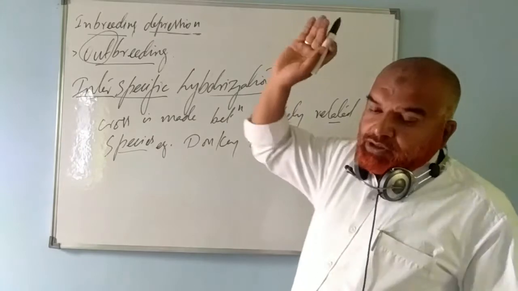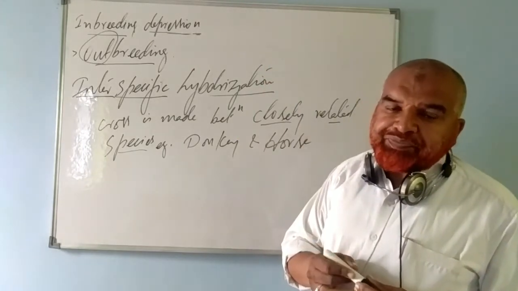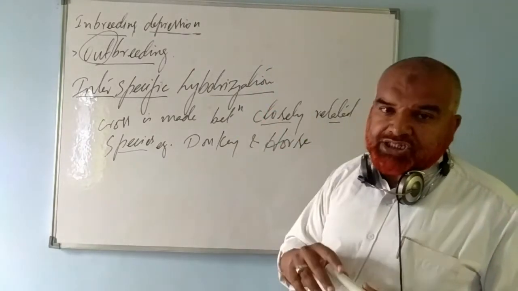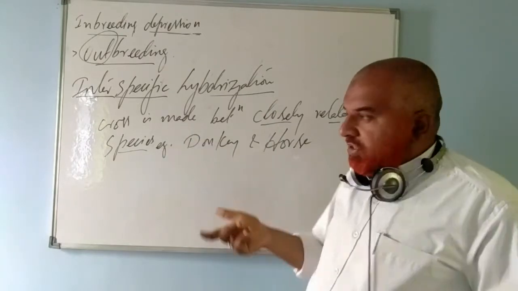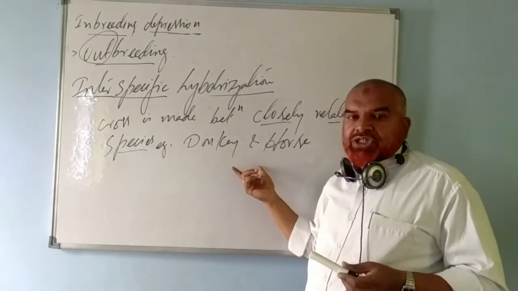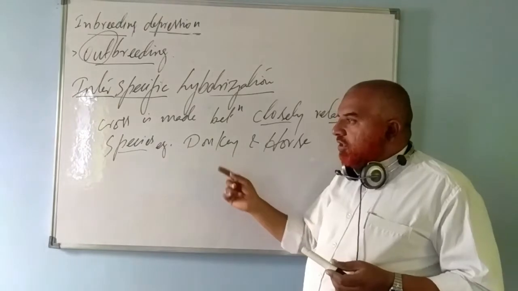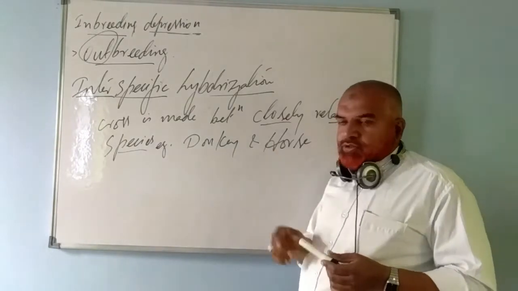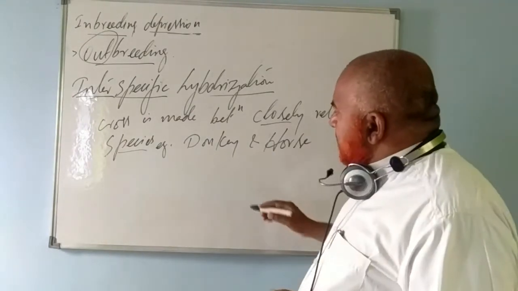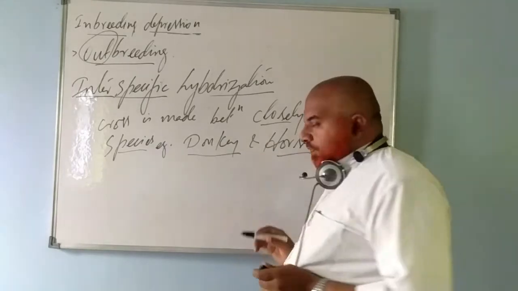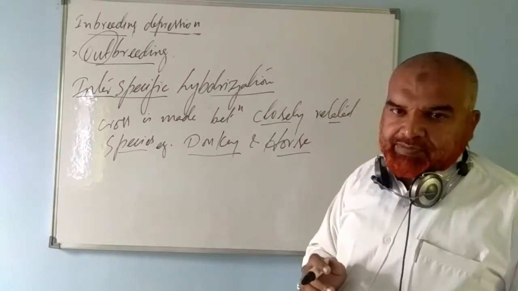When you look back at the chronology, they all evolved from a common ancestor. Now, donkey and horse are closely related species.